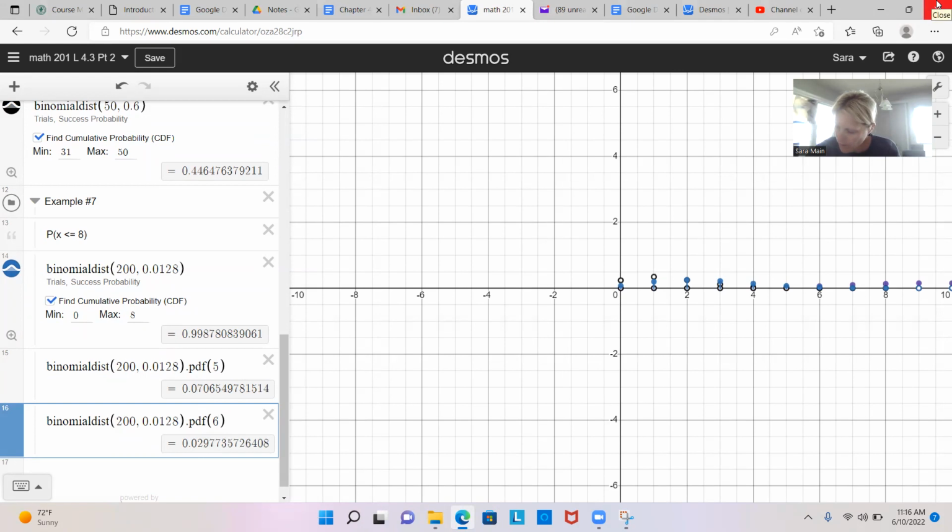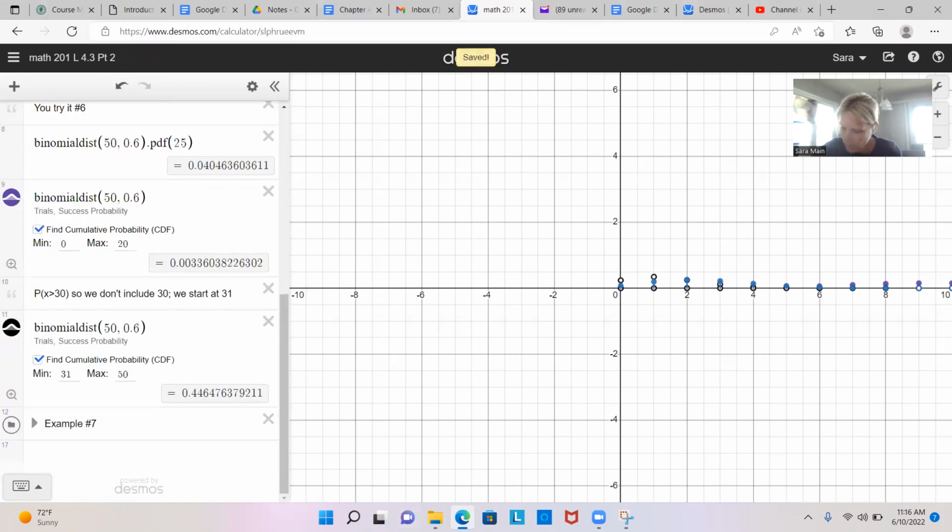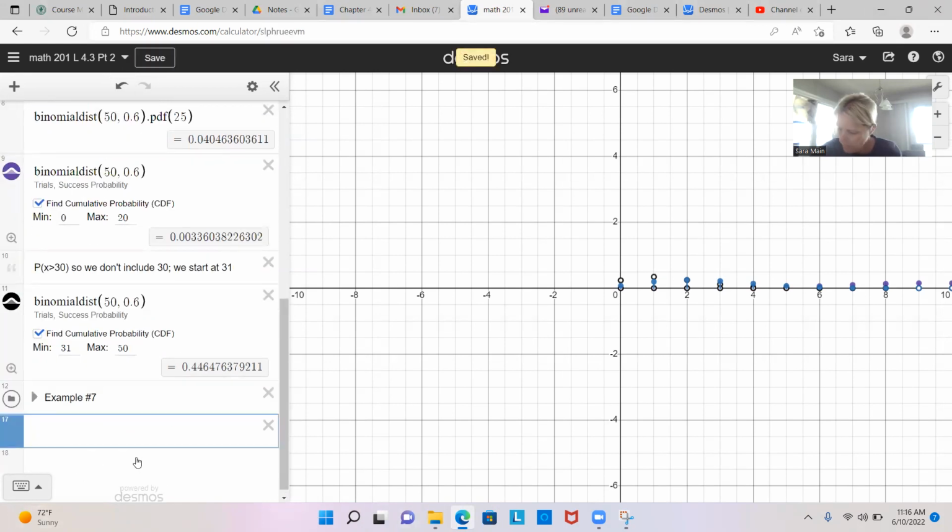So 5 is 0.0707, and then the 6 is 0.02977, so 0.030. Hopefully you're getting the hang of this binomial distribution.